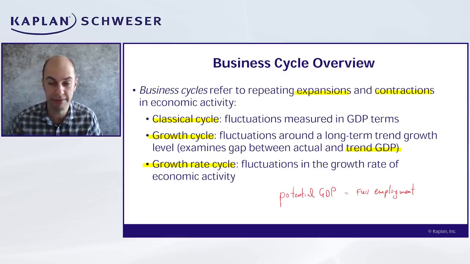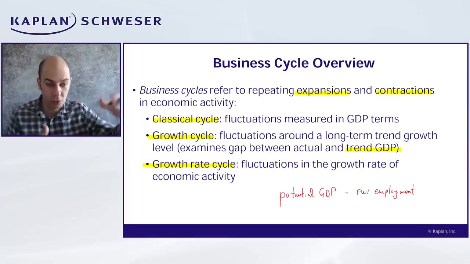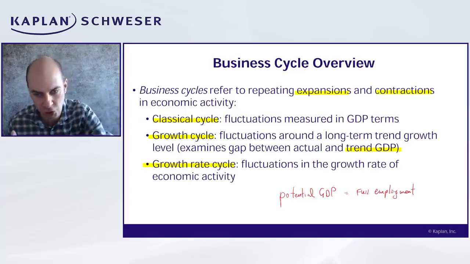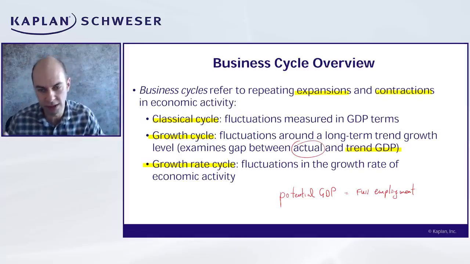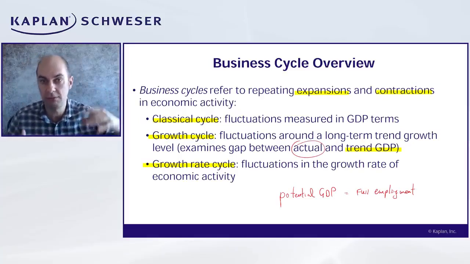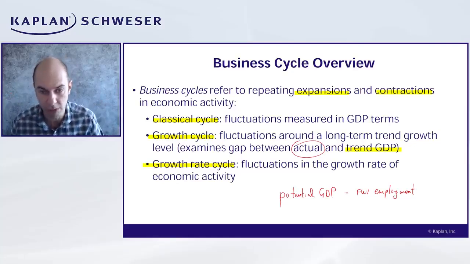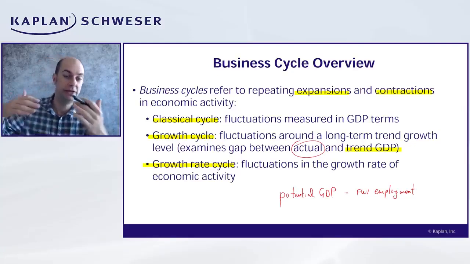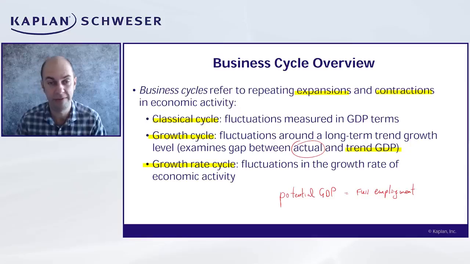So what's my full employment GDP? What's my potential GDP? And then I can look at how the actual GDP is relative to the potential GDP. Sometimes it can be above it, which means we're expanding, we're booming. And then sometimes it's going to be below it, so we're going to have a recessionary gap.